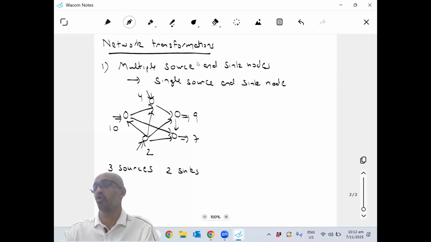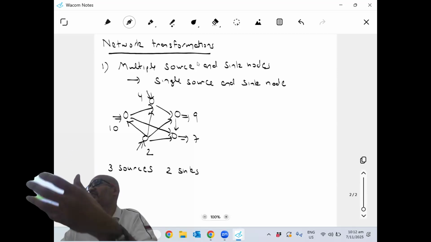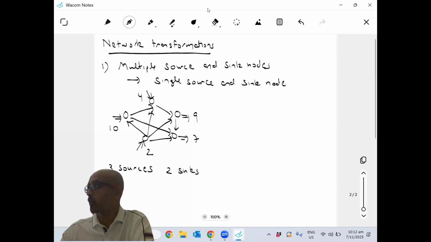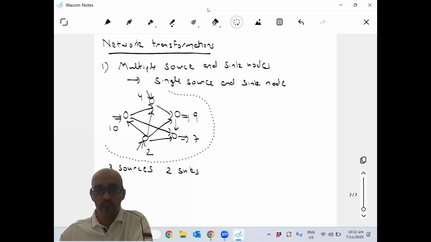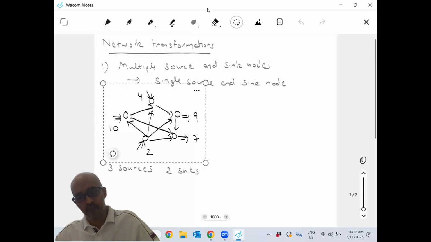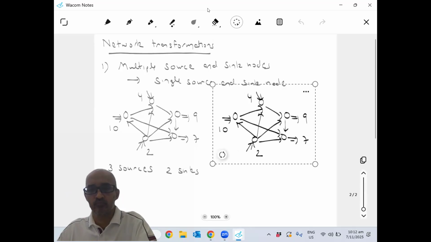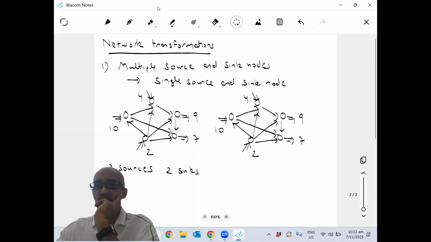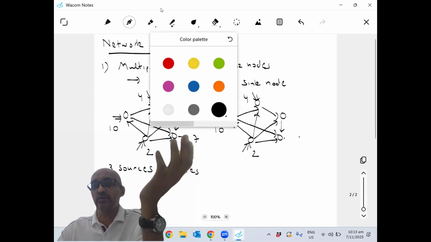So you have to modify the network a little bit. How would we do this? Let's take this network. I take this original network, and I make some slight modifications.